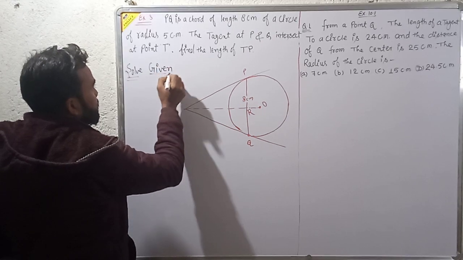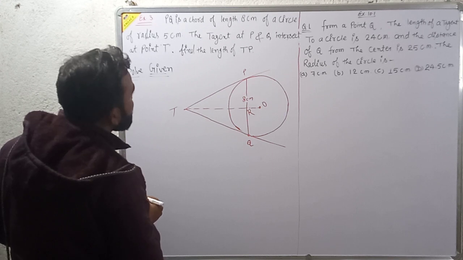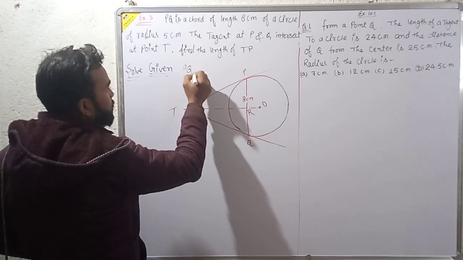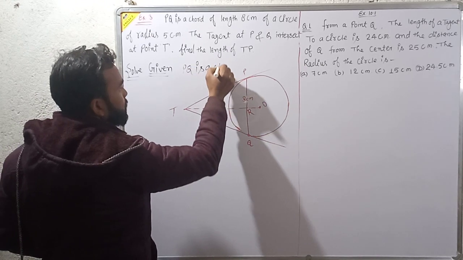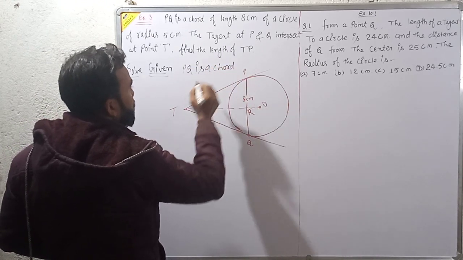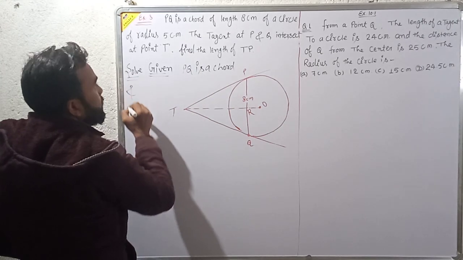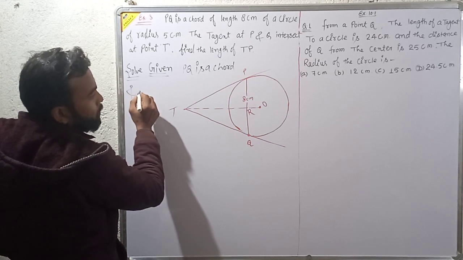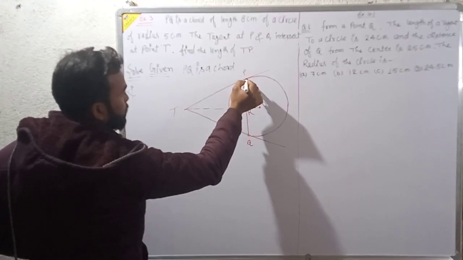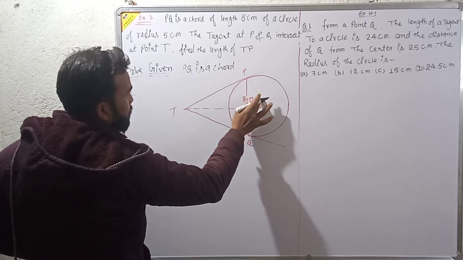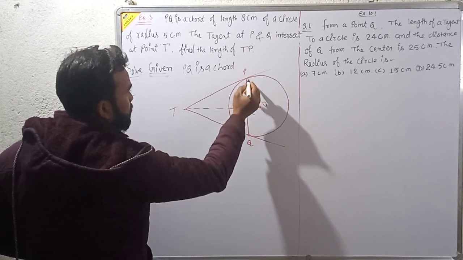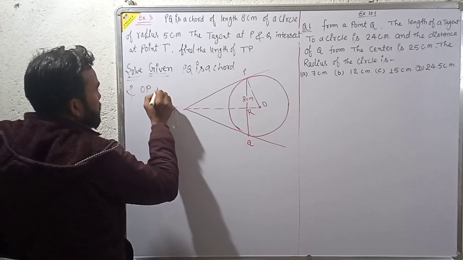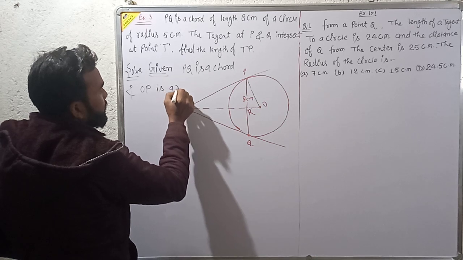Given: PQ is a chord and OP is a radius.